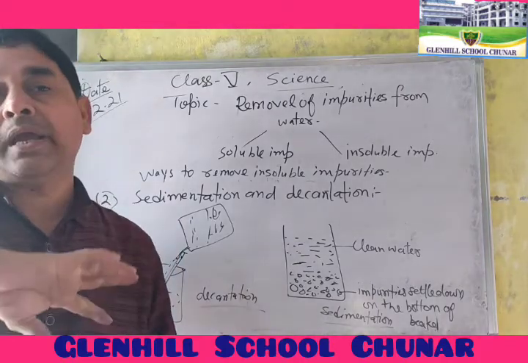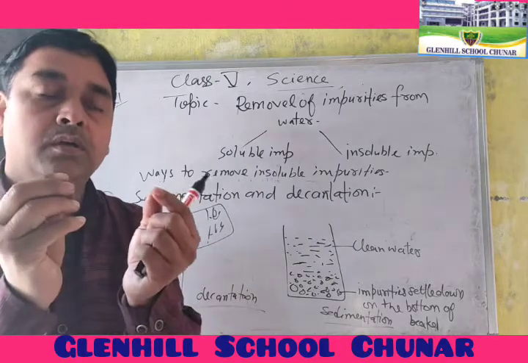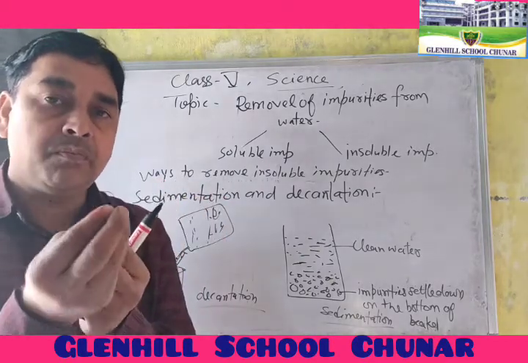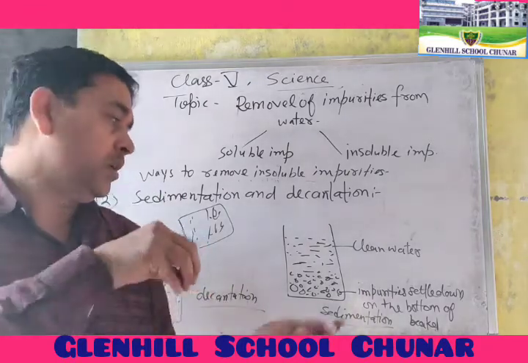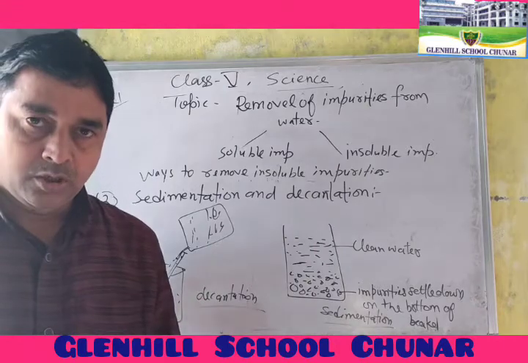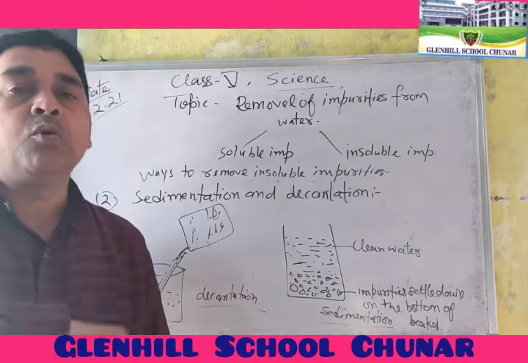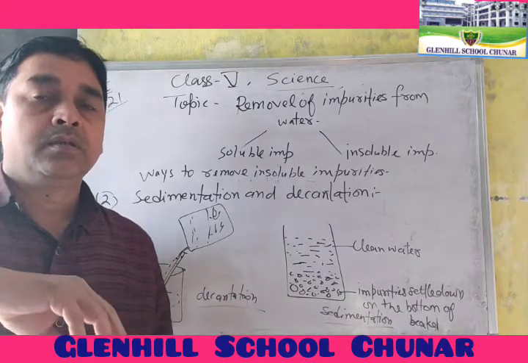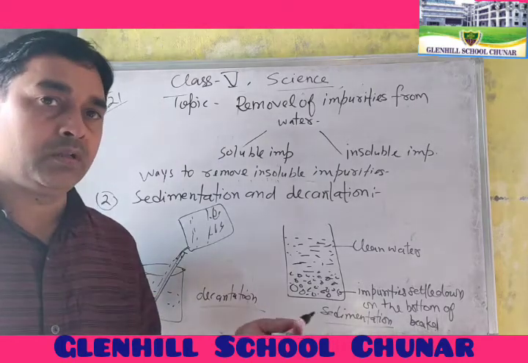When we add alum to the water, the small impurities join together and make heavy particles, which settle down at the bottom of the beaker very easily. This makes the impurities settle faster.